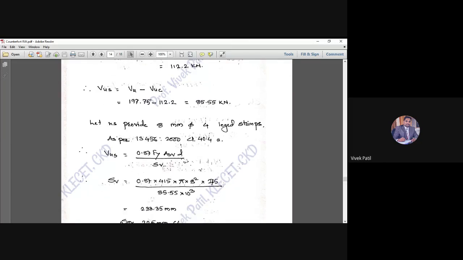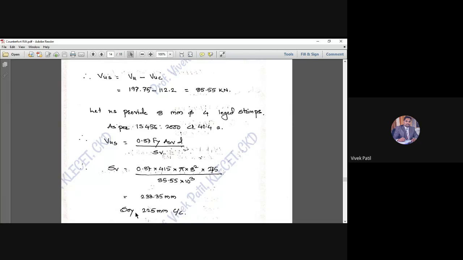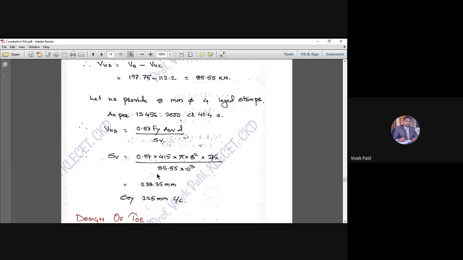Yes, it is 233.35. So hence we will provide the spacing as 225 mm center to center of 8 mm diameter four-legged stirrups. Okay, so here we complete the design of the heel portion.